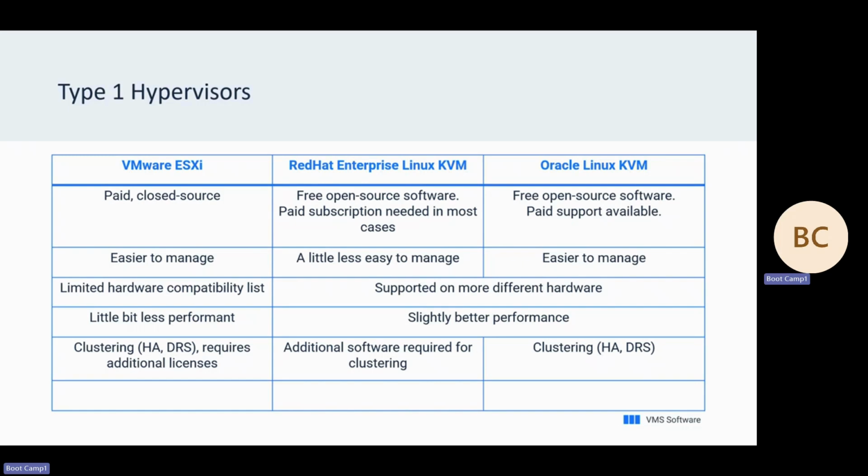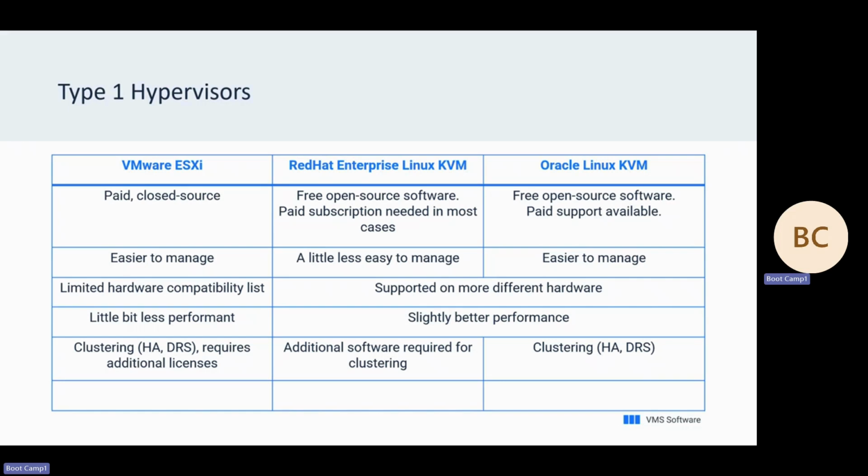Oracle Linux KVM is actually a derivative of Red Hat Enterprise Linux. It's Red Hat Enterprise Linux with some Oracle additions, particularly around the virtualization space, but it also comes with the Oracle Unbreakable Enterprise Kernel, which is a replacement for the Red Hat Linux kernel that has a stronger focus on security features.